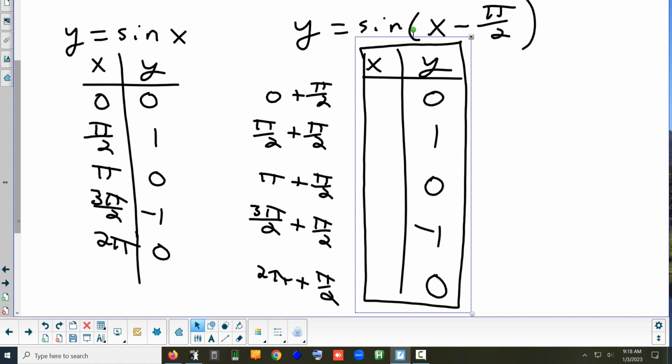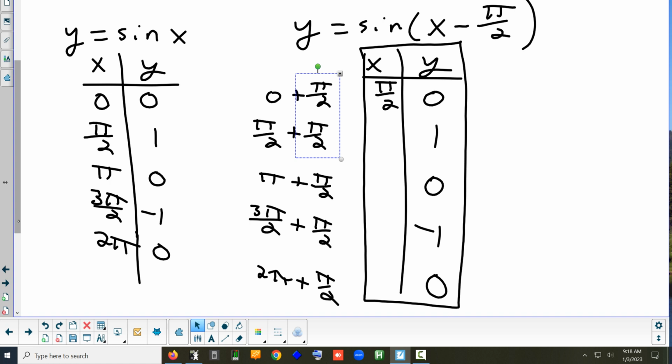Okay, so the first one, that's pretty easy. 0 plus pi over 2, just pi over 2. Pi over 2 plus pi over 2. Well, you need a common denominator. We already have it. What's 1 pi over 2 plus another 1 pi over 2, before you reduce it?